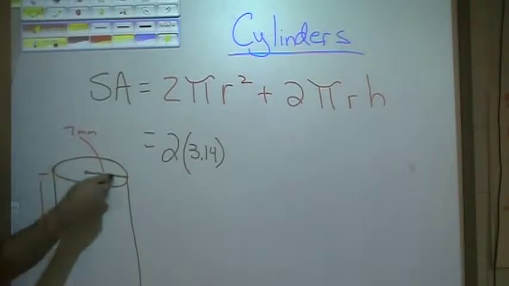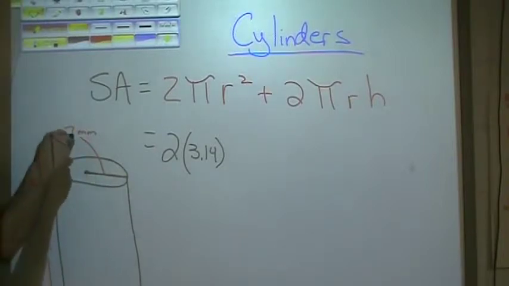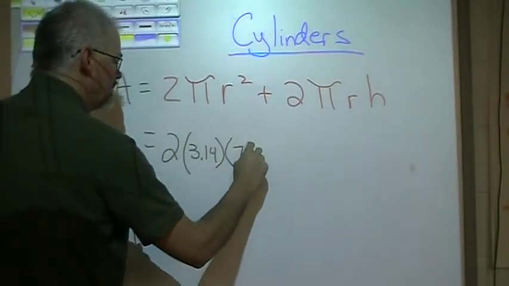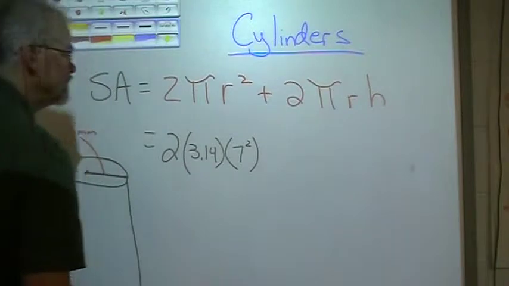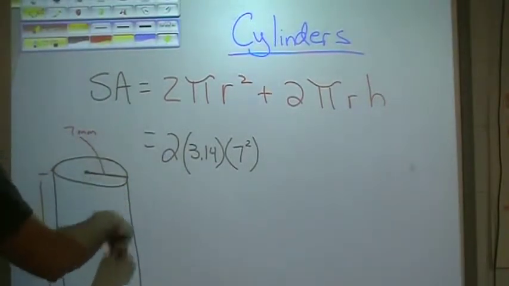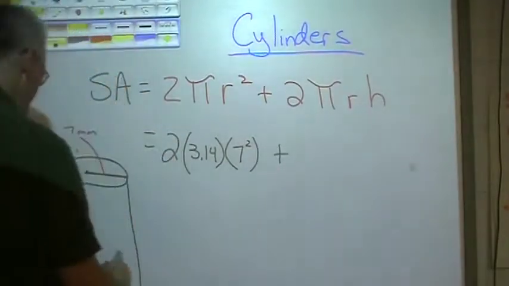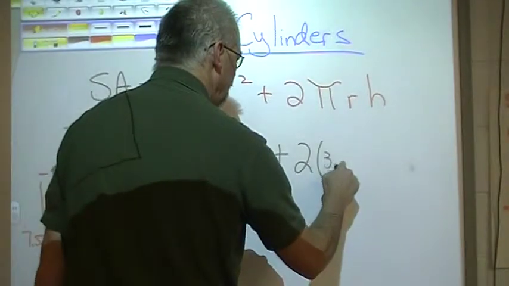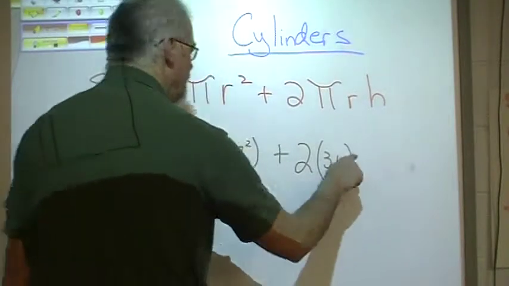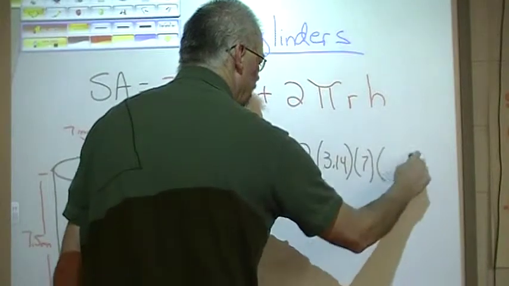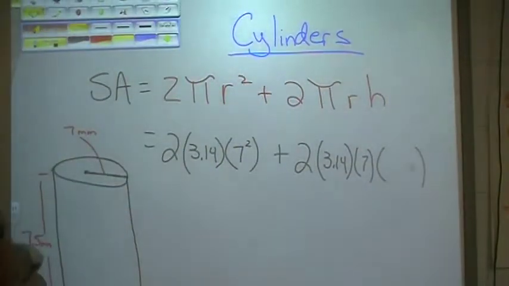Remember, the whole distance is called the diameter. Half of it is called the radius. So our radius is 7, squared. We got the two circles taken care of. Now we need to add this part. It's 2 times pi, 3.14, times our radius, which is 7, times our height, which is over here, 7.5.